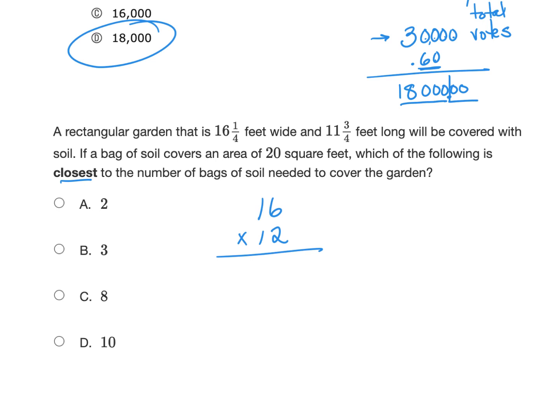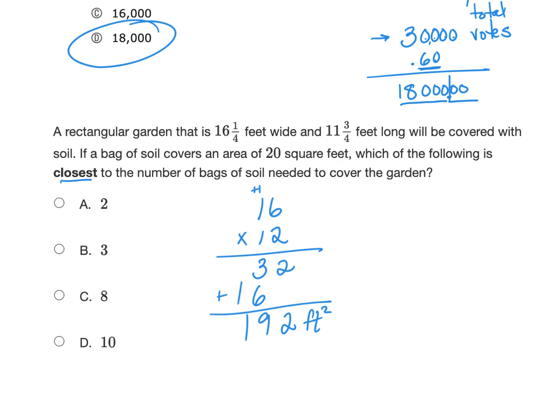Now obviously you probably learned a different way to multiply than I did, but old school tells me to do 6 times 2, which is 12. Add the 1. 2 times 1 is 2, plus 1 is 3. 1 times 6 is 6, 1 times 1 is 1, and then I add the two numbers together to get 192 square feet. Okay, so that's the size of the garden.